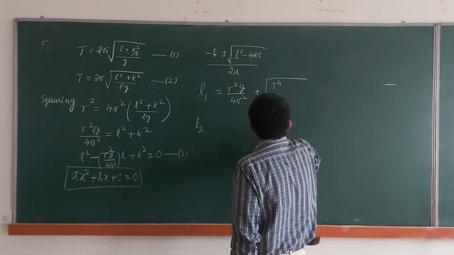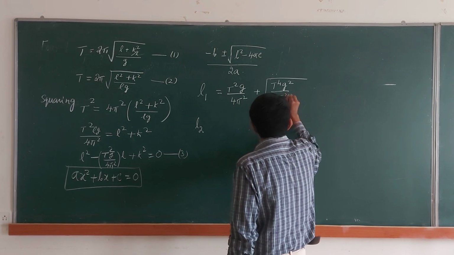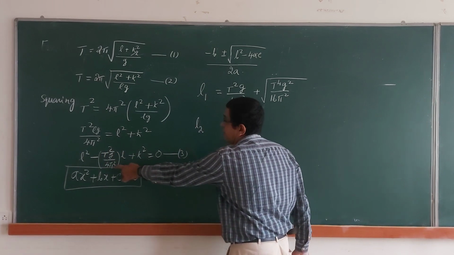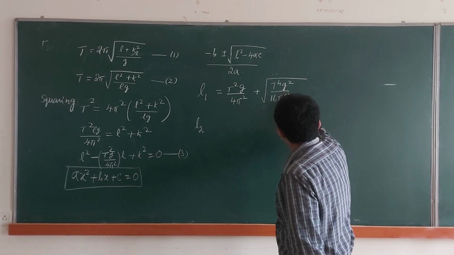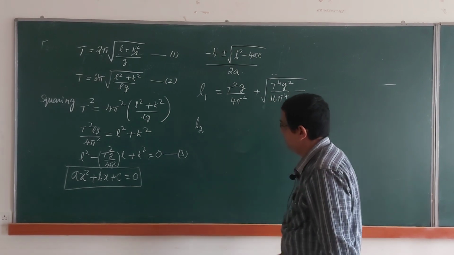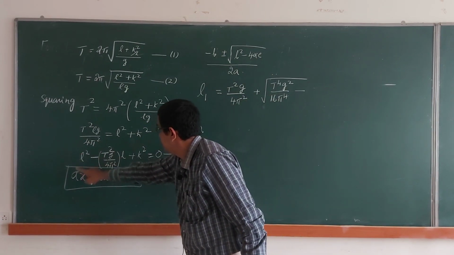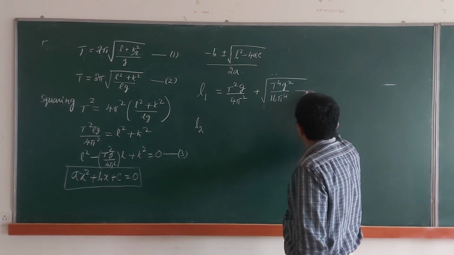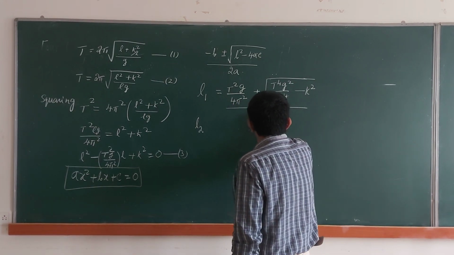Therefore, it simply becomes T to the power 4 G square divided by 16 pi to the power 4, and then you have the minus 4 AC. A is equal to 1, and C is equal to K square. Therefore, simply it becomes minus K square divided by 2.